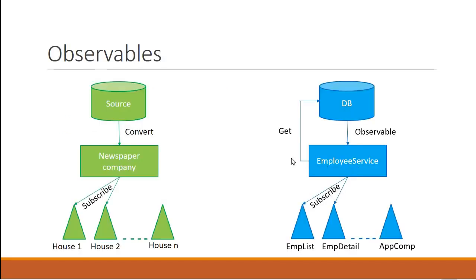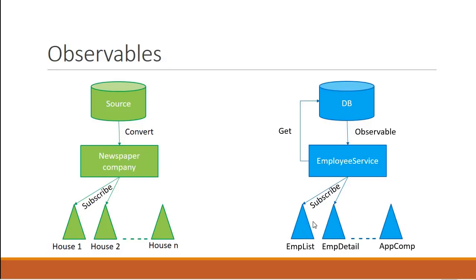Back in our application, after we make a GET request, we receive an HTTP response as an observable. But this is not a format that we can readily use in our application. So once we receive the observable, we need to convert it into an employee array. After conversion, the data is ready to be provided to the components in our application.